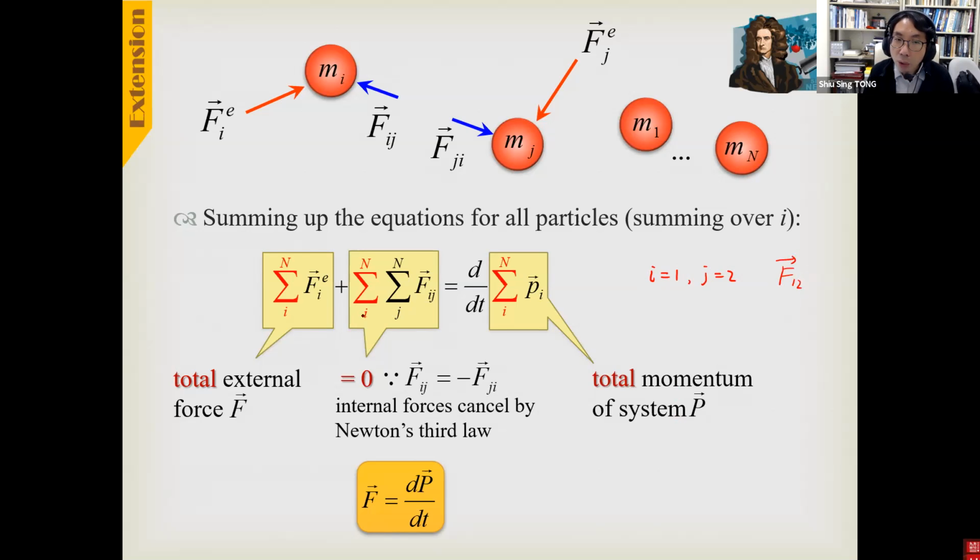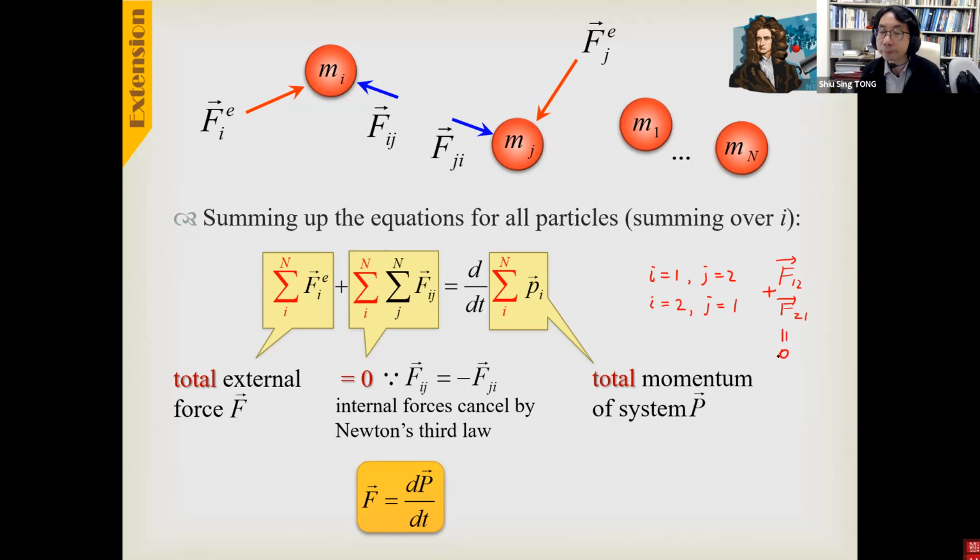But I can also have another term because i and j run over all the numbers. So I should have another term with i equal to 2 and j equal to 1. And that gives me F21. Is that right? Now, you can see when the two terms are added together in a pair, because these two forces are an action and reaction pair, they are equal in magnitude and opposite in direction.